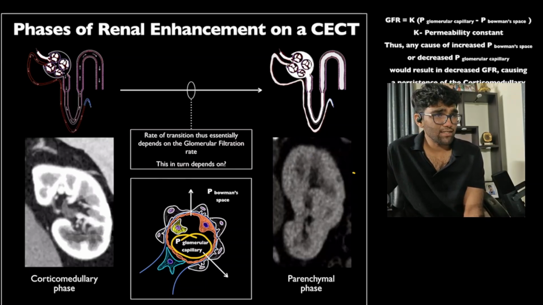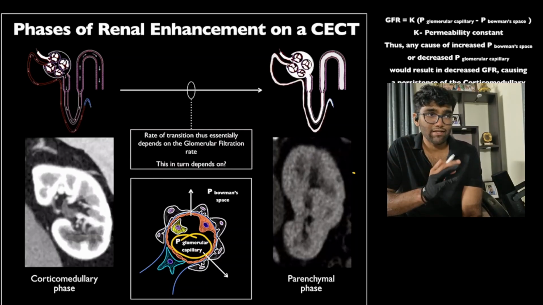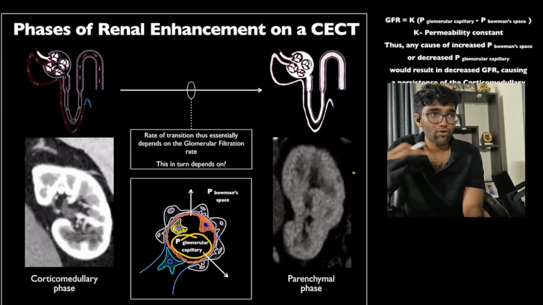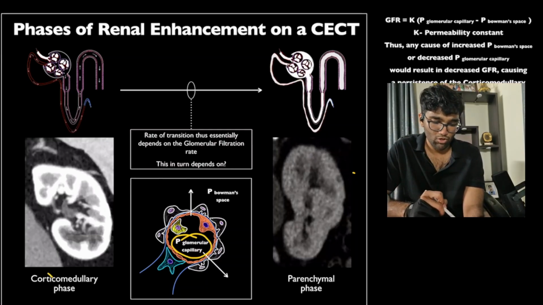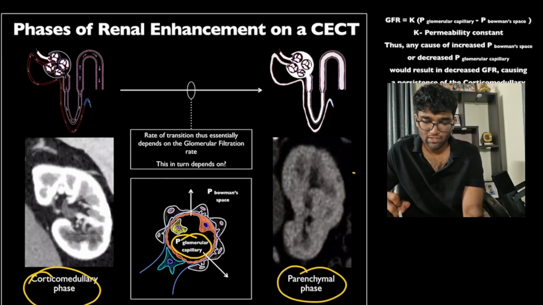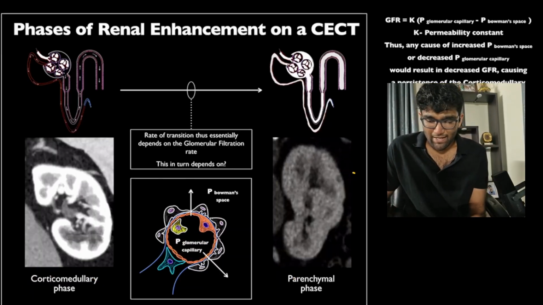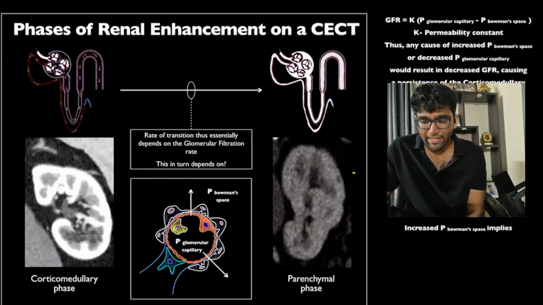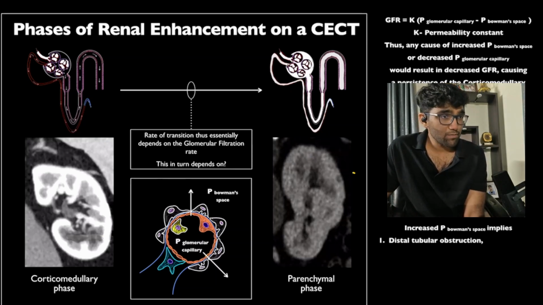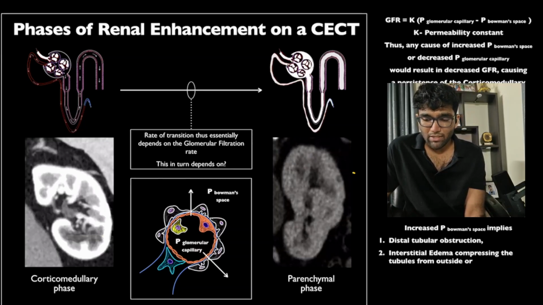So that is pretty self-explanatory, and therefore there would be a time delay. There would be a delay in the rate of shift from this corticomedullary phase to a parenchymal phase, and that is something that we can pick up on radiology. Now an increased Bowman space pressure naturally implies either distal tubular obstruction or interstitial edema compressing the tubules from outside.